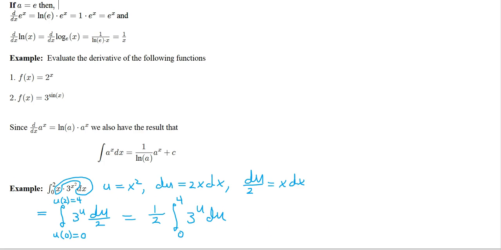and now you see we can directly apply this result up here because the u here matches with respect to what we're integrating. And so we can write this as, notice also I pulled the 1/2 in front of the integral because it's just a constant, and so we get.